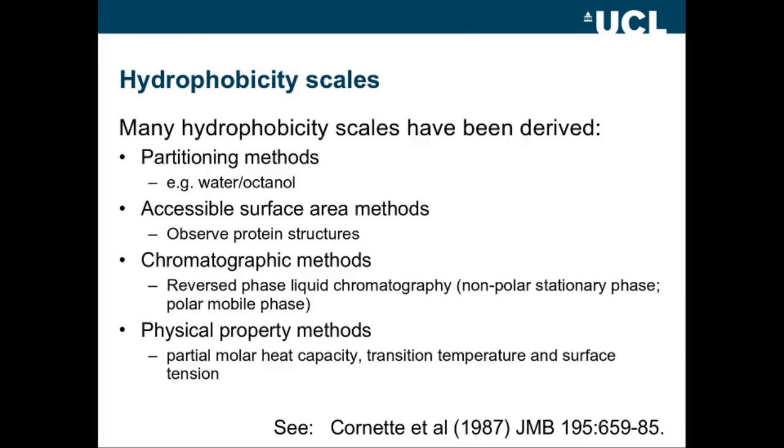There are also chromatographic methods that use reverse phase liquid chromatography, using a non-polar stationary phase and a polar mobile phase. There are physical property methods where we can measure partial molar heat capacity, transition temperature and surface tension. So there's a very nice review from 1987 in the Journal of Molecular Biology by Cornette et al., where they look at about 20 of these different scales and compare them.